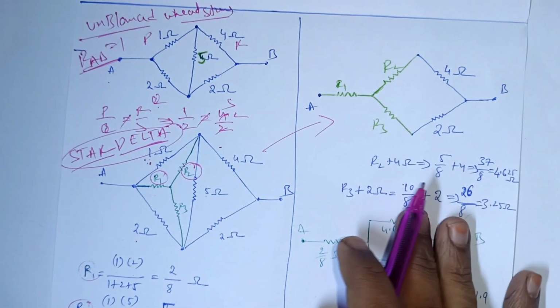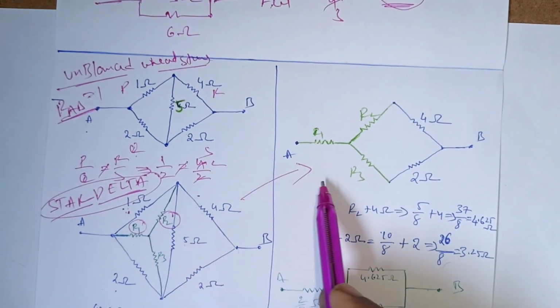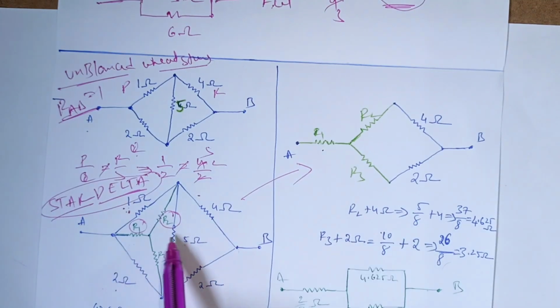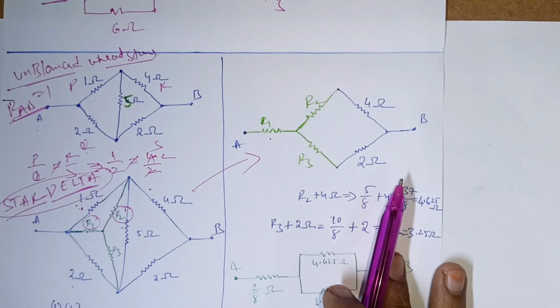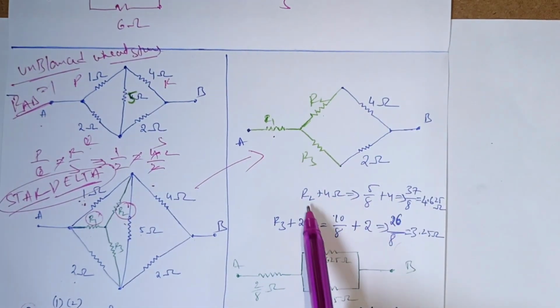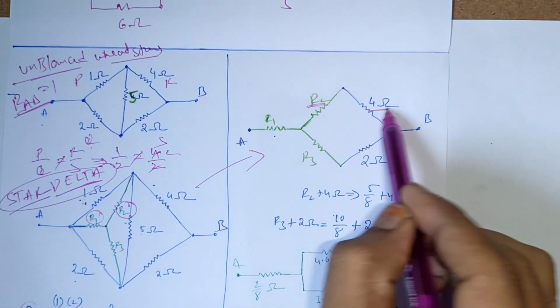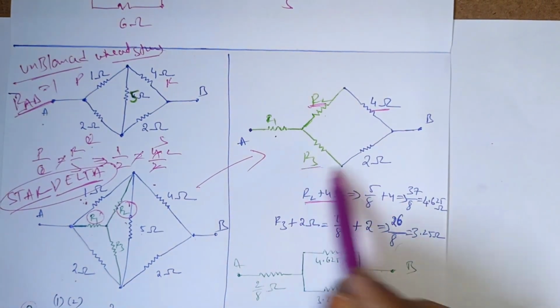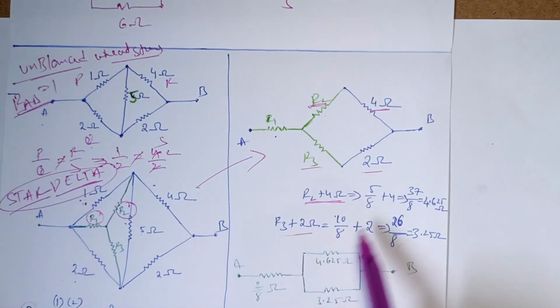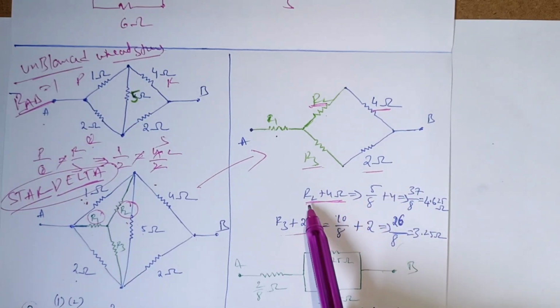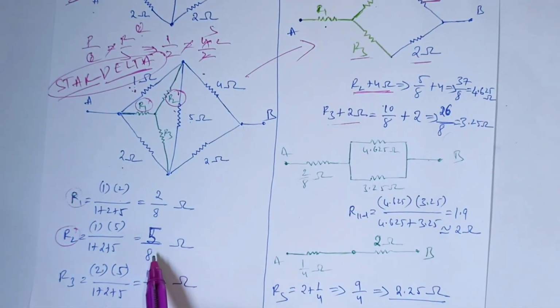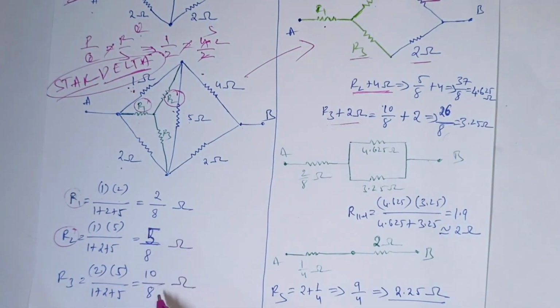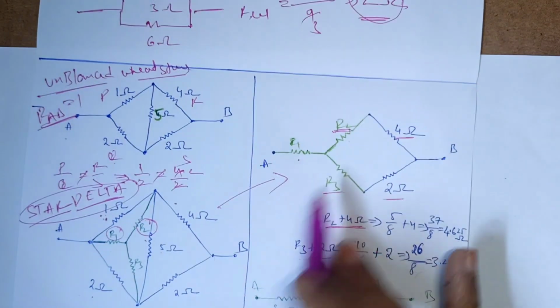So the circuit is redrawn like this. After solving, we can redraw it like this. This is R1, and here R2 and R3. In this redrawn circuit, R2 and 4 are in series, and R3 and 2 are in series.